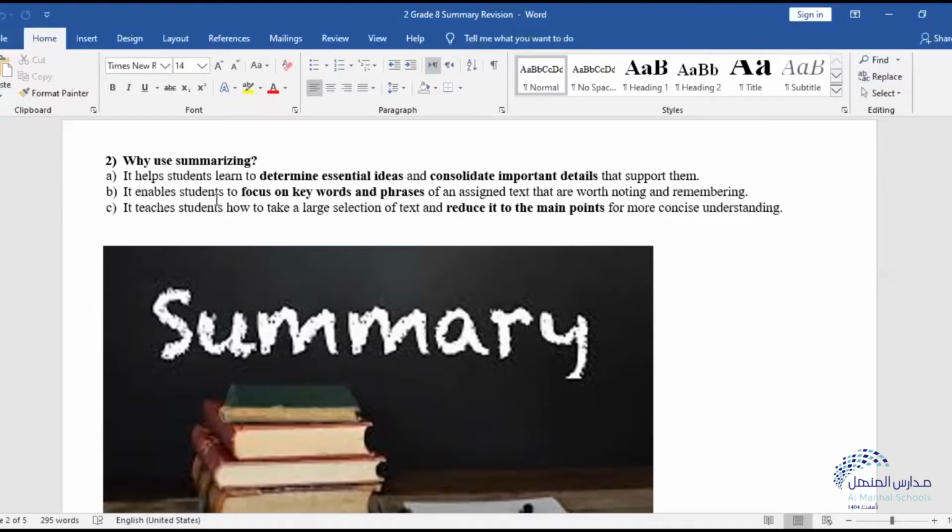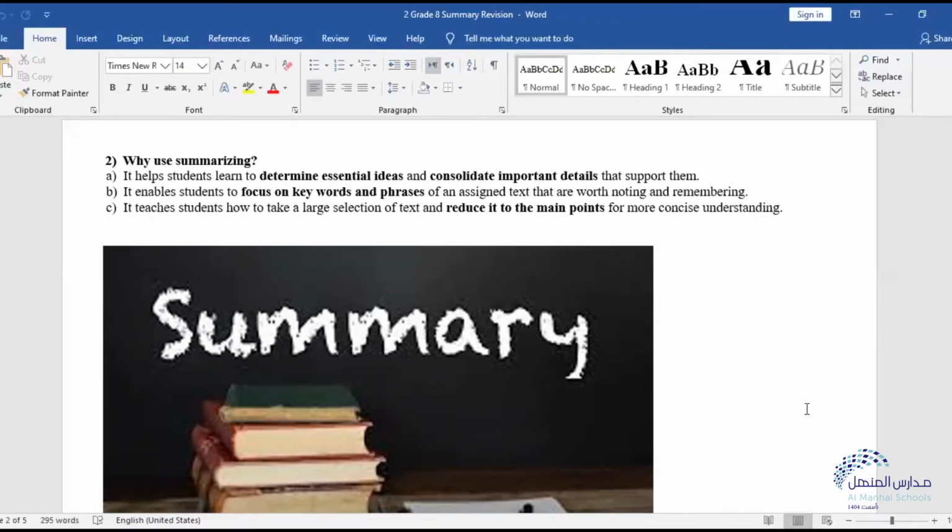It also enables students to focus on keywords and phrases of an assigned text that are worth noting and remembering. So again, just the important information, the stuff that you need to remember, and if you are in an exam or a test, the things that you will need to reproduce. And it teaches students how to take a large section of work and reduce it to just the main points for more concise understanding.